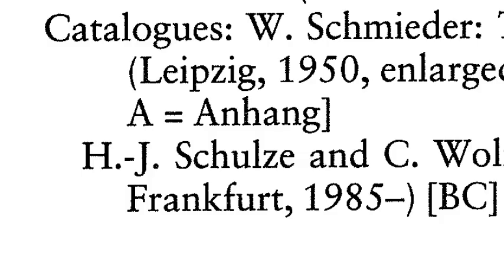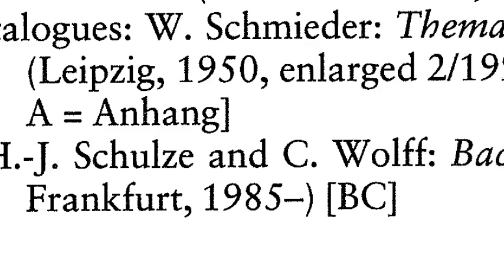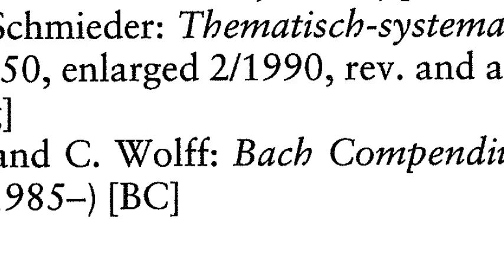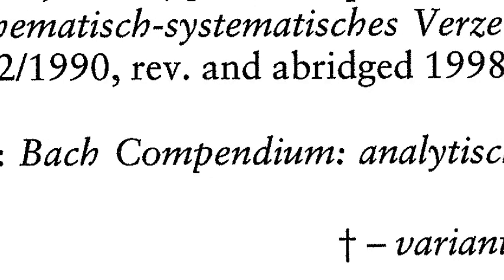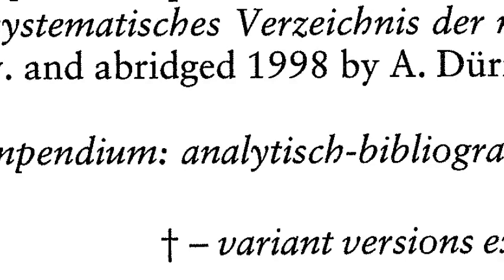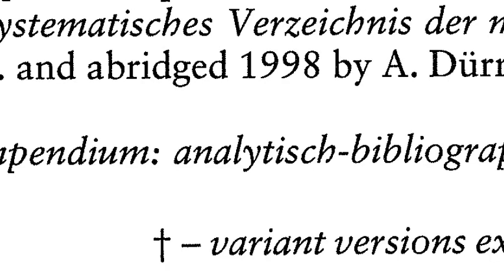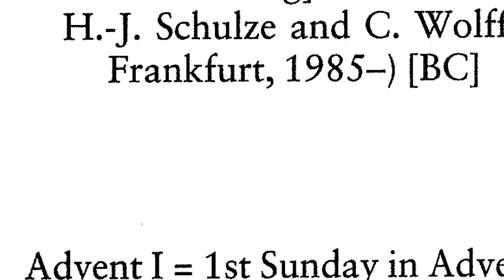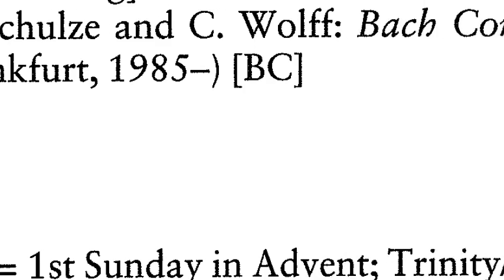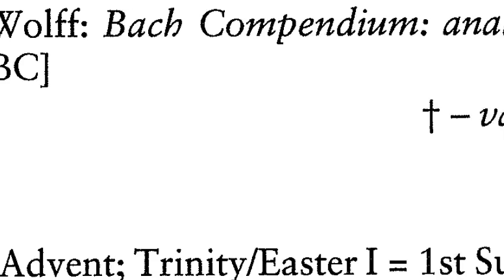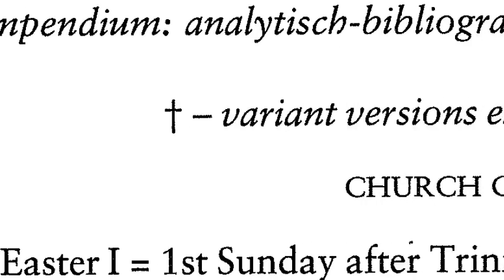Also at the beginning of the works list, the most important thematic catalogs of Bach's works are given. These are the Bach Werke Verzeichnis of Wolfgang Schmieder, first published in 1950 and most recently revised in 1998. This is where all our BWV numbers come from. And the Bach Compendium of Hans Joachim Scholz and Christoph Wolff, begun in 1985 and not yet complete even now.